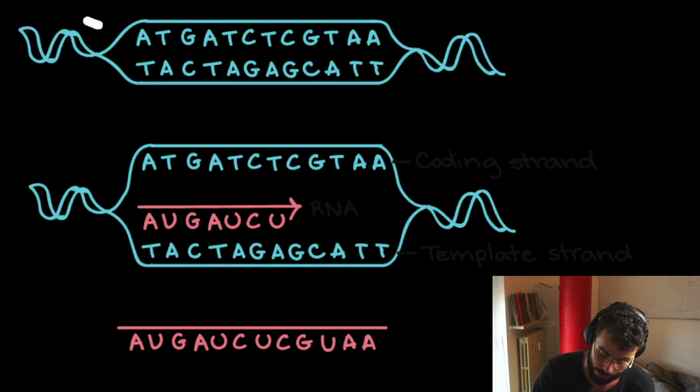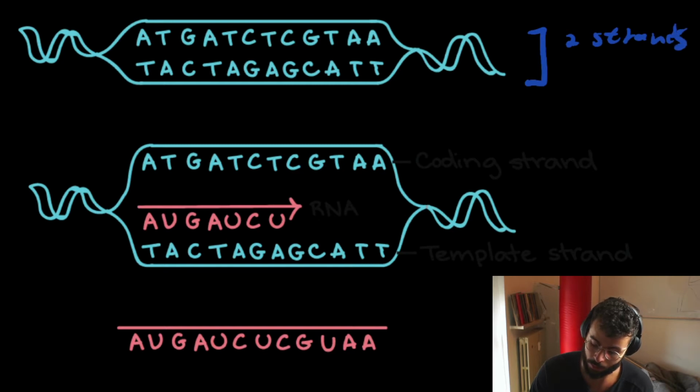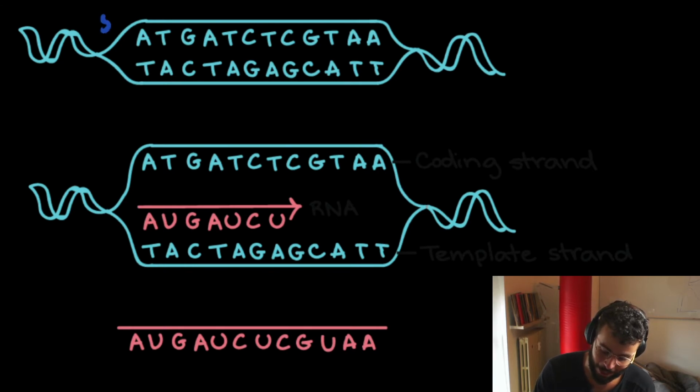So let's take the following DNA. In the following DNA molecule, the components are two strands, and I'm going to do my best to write in good handwriting. The first one goes from the 5' end to the 3', and because we agree that they are both anti-parallel to each other, the other one will be 3' to 5'.